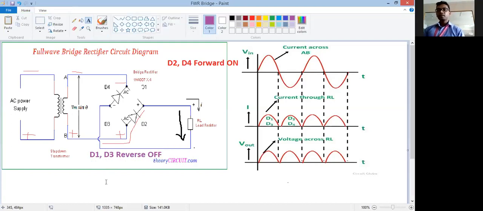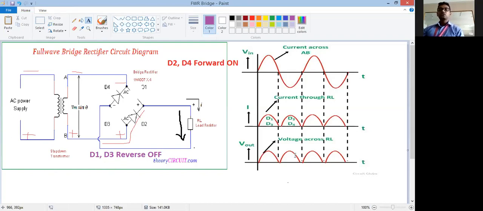Correct? So here also, with the negative input, D2 and D4 are on, hence your output is positive. D2, D4 on, output is again positive because the direction of current is the same. That's why this is the case.